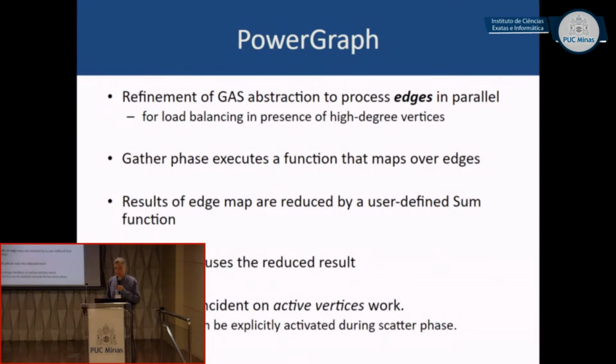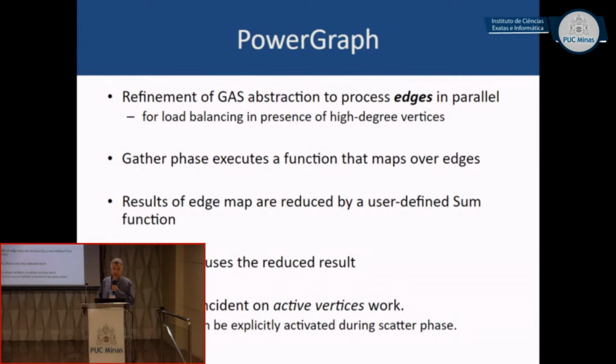Let's escalate a little bit more. PowerGraph came along. It refines the gather, apply, scatter abstraction to process edges in parallel, not vertices. And the motivation here was that you might have some very high degree vertices that have to do so much work while the others are done, so they end up being the stragglers and slowing down the whole computation.